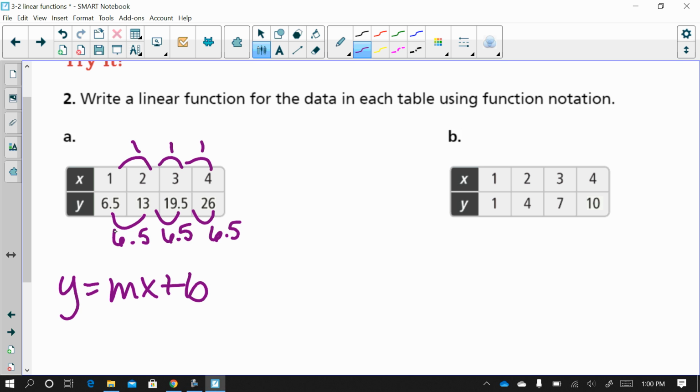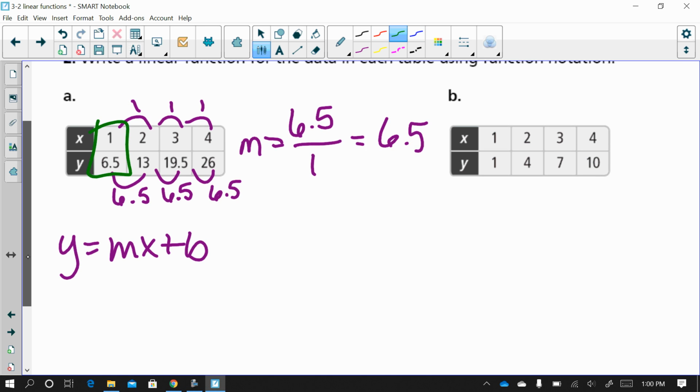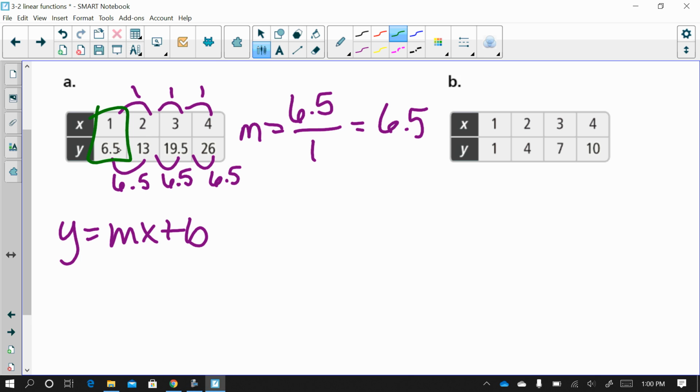Okay, remember, m is your change in y over your change in x. So here's my change in y over my change in x, which is just 6.5. Okay, pick a point. I like this one. I like 1. It makes it easy. And let's plug and chug. So my y is 6.5. M is 6.5.